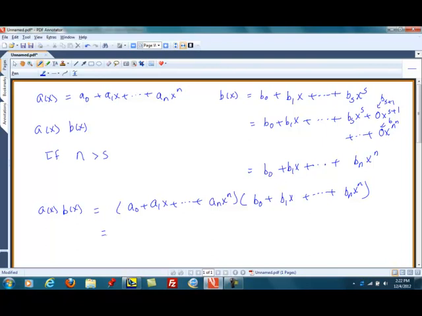So do you get 6 dots instead of 3? 9 maybe. So we have a0 times b0, b1x up to b_n x to the n, plus a1 times it all.